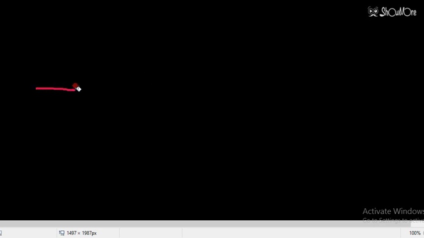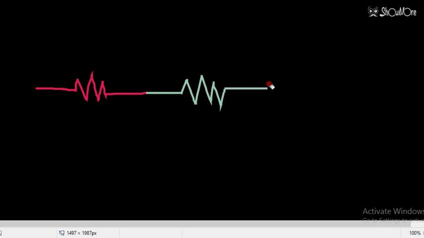This is the first resistance. The right end of the first resistance is connected to the left end of the next. So this is the second resistance, and this is its right end. The right end of this resistance will be connected to the left end of the next resistance, which is this one.